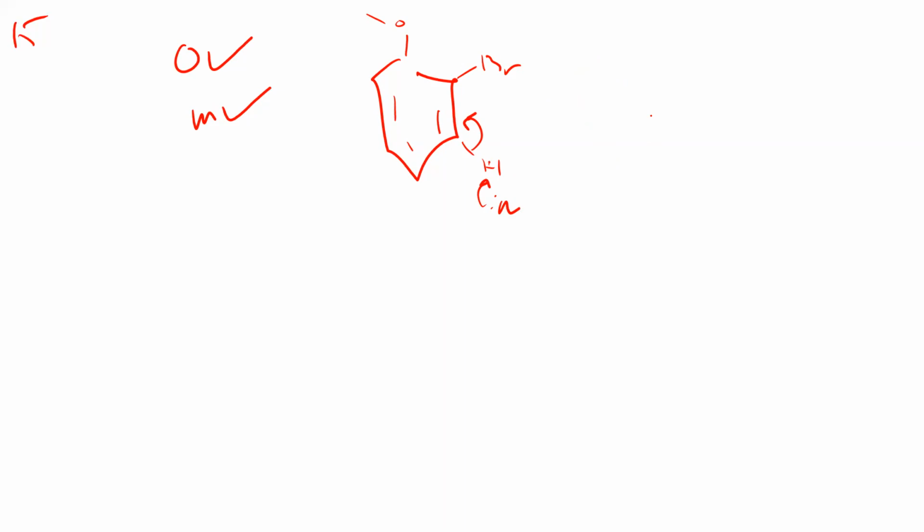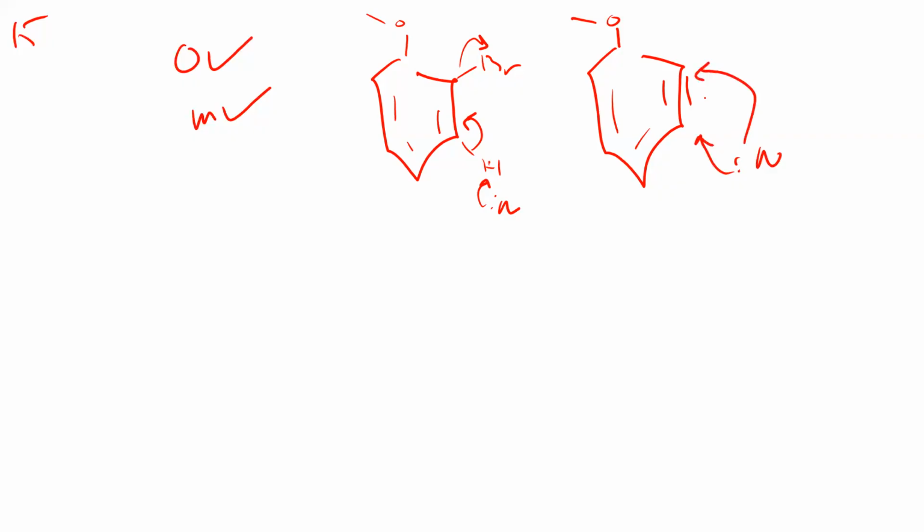Really wish they would just be able to have a function where it can draw these for me. Now this would be a good leaving group then. We still have this up here. And then this can attack either here or can attack here. So that's why we're picking the ortho or meta position for that.